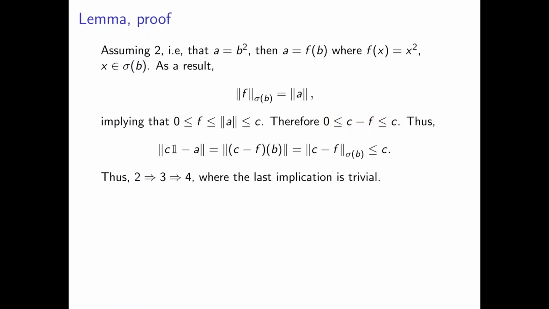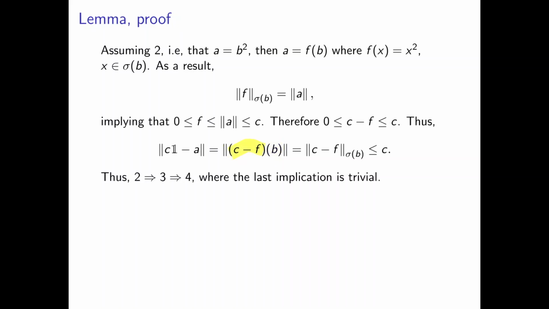And now we can just calculate the norm of this difference. And this is actually quite easy using, once again, the functional calculus, because C minus A is just equal to C minus f viewed as a function of B, because C here can be thought of as the constant function.